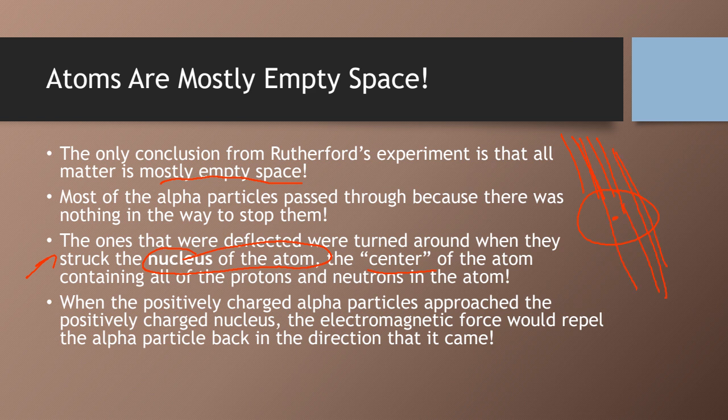But every once in a while, that alpha particle will hit that center point and bounce off. And this is the nucleus. This is the thing that Rutherford found. The electromagnetic force repelled those alpha particles back towards the direction that they came.